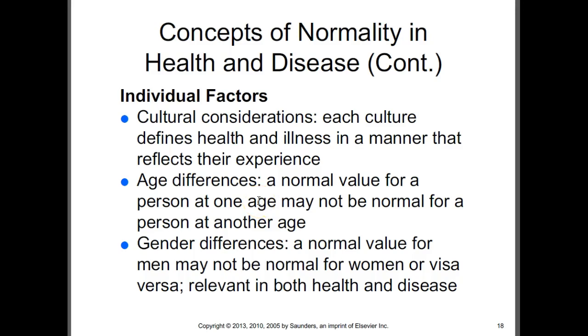Age differences: a normal value for a person at one age may not be normal for a person at another age. Blood pressure is not going to be the same when you're 10 as when you are 90. Your blood pressure when you're 10 is probably going to be like 90/60, and that's actually normal.